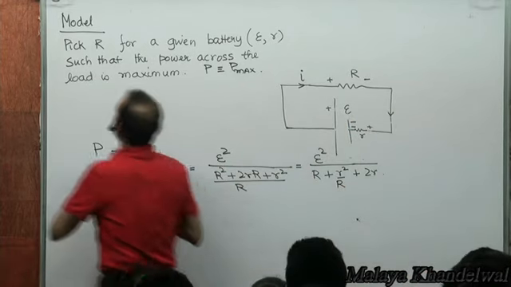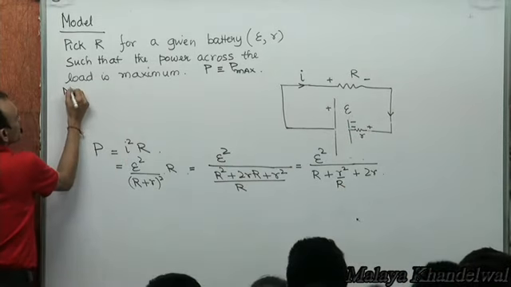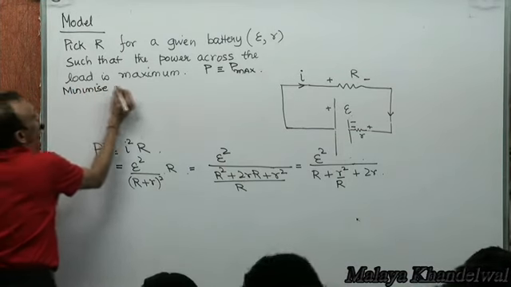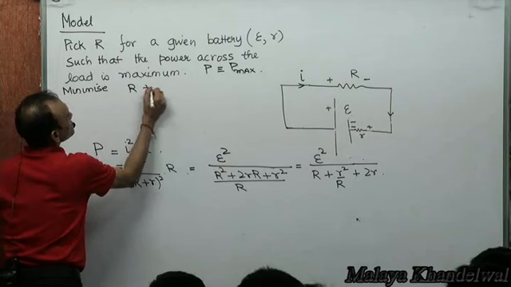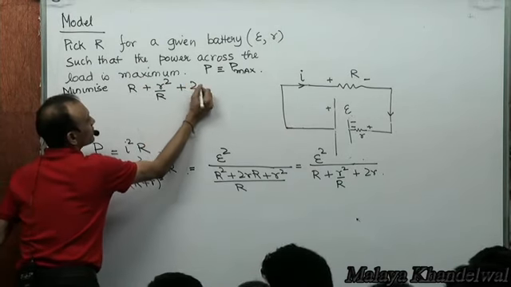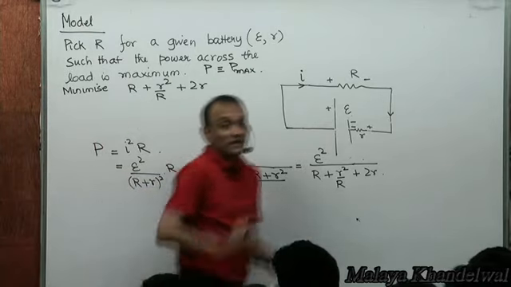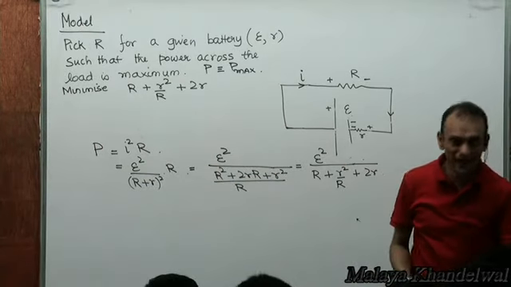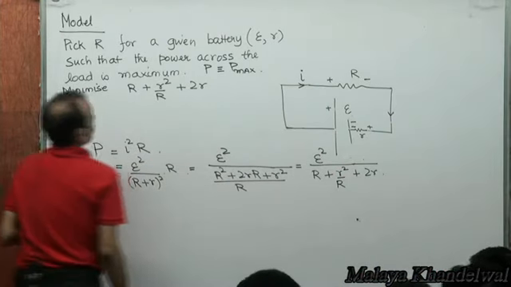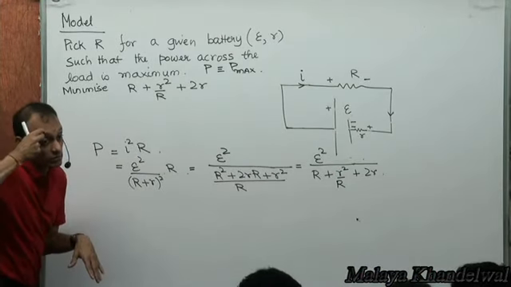That means I want to minimize r plus small r squared by capital R plus 2r. I want to minimize this. Then the ratio will be maximum. Power will be maximum if I minimize this. Yes or no? Is that okay?